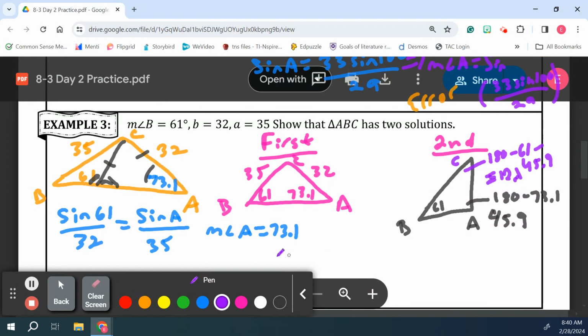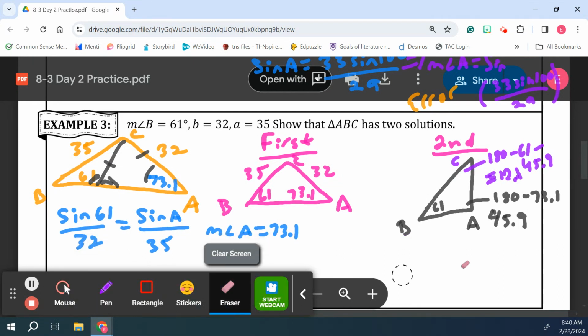Yeah, no, you're right. Hold on. Where did I get that 43.9? Oh, that was for the other angle. Now that I'm looking at it, this is not 73.1, is it? The measure of angle A is actually what?